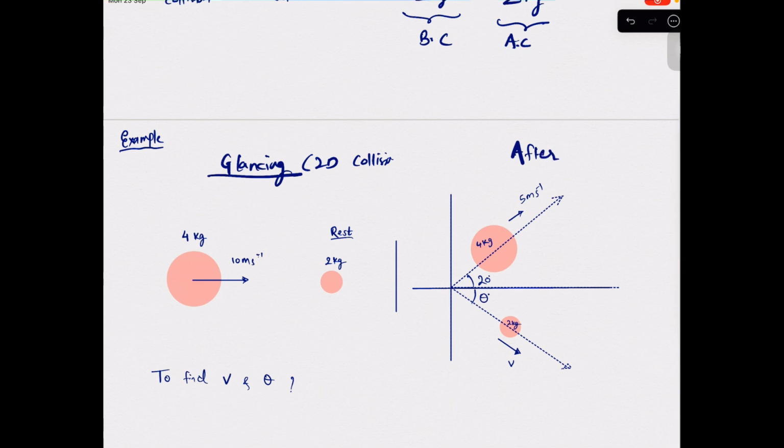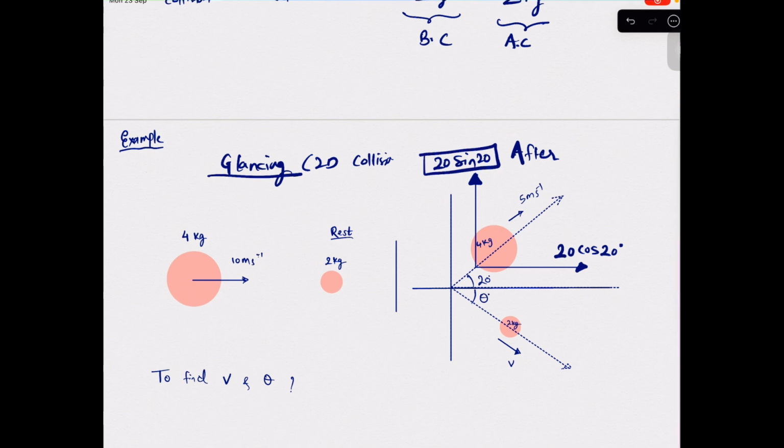If I resolve this momentum after collision, the 4 kg object is moving at 5 meters per second, its vertical momentum will be in this direction and its horizontal momentum in this direction, which is making an angle of 20 degrees. So the horizontal momentum of the 4 kg object will be 20 cos 20 degrees, while the vertical momentum is going to be 20 sin 20. This is just the components of it.